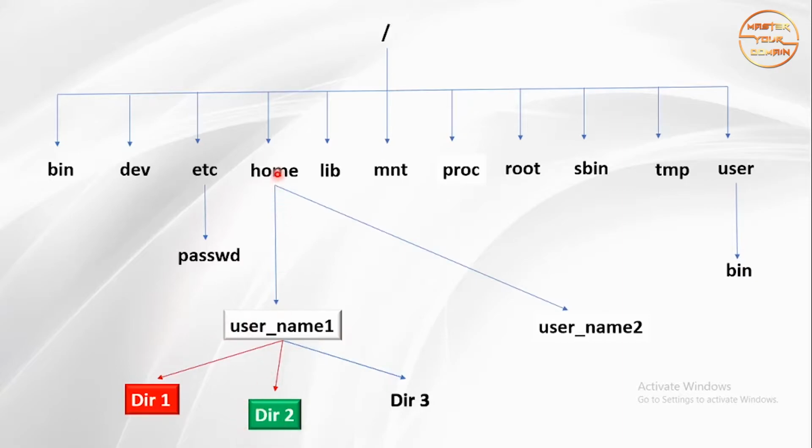Whenever you move one directory level lower or upward, you just need to mention a delimiter, which is / for Unix. For C it's a backslash, but for Unix it's /. So the absolute path name of dir2 is root, then home, then a /, then username1, then again a / and then dir2.